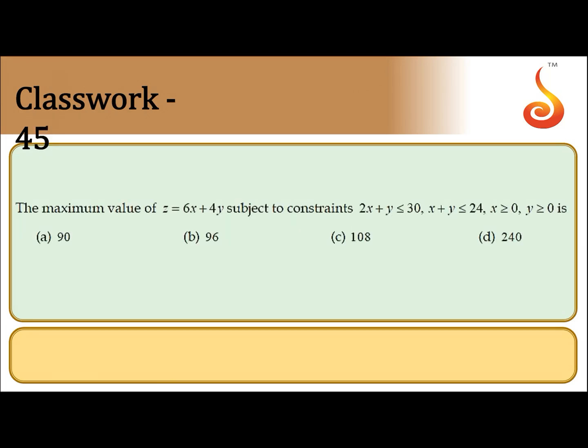Coming to the next one, the maximum value of z subject to the constraints 2x plus y less than or equal to 30 and x plus y less than or equal to 24.